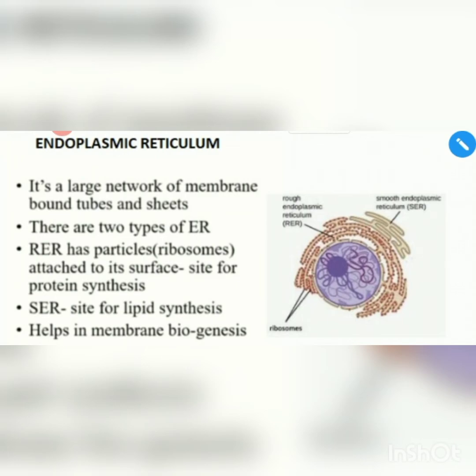And this process is called membrane biogenesis. So, what is membrane biogenesis? The proteins and lipids that are produced by the endoplasmic reticulum are used in building the cell membrane or plasma membrane, and this process is called membrane biogenesis.